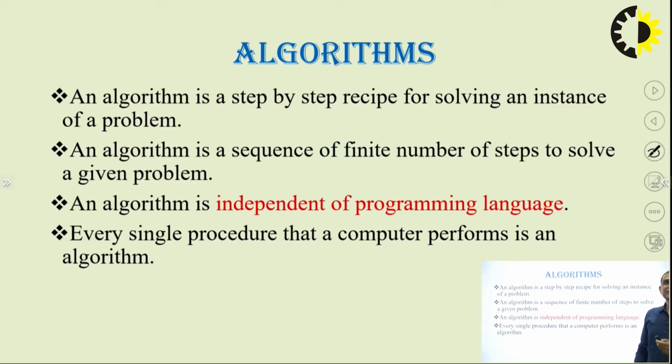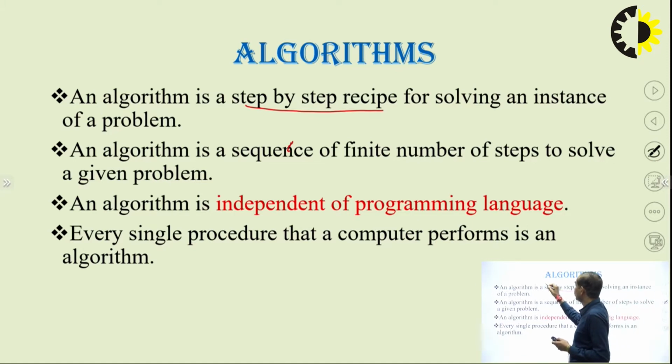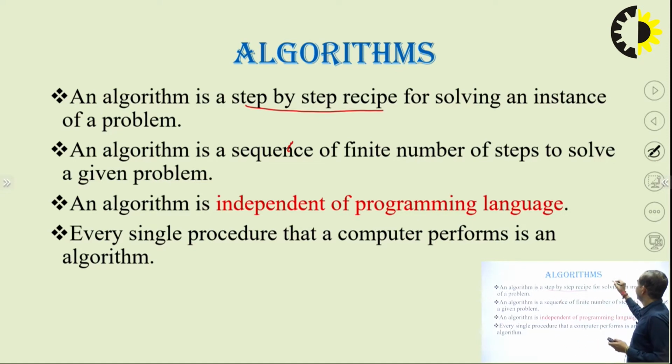So an algorithm is a step-by-step solution to solve a problem. We cannot say here that it is a set of the solution. No. When we write out an algorithm, we declare why we are not saying that it is a set of steps to solve a problem.